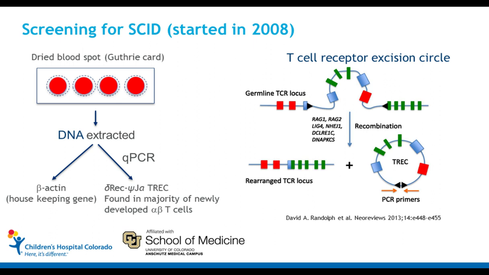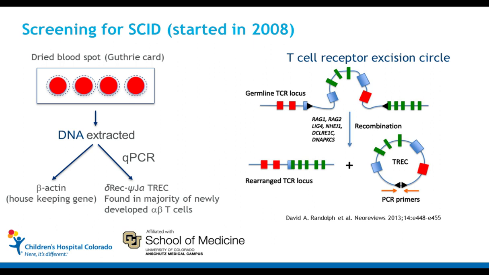It simply is a circular piece of DNA called a T cell receptor excision circle that is present in very high numbers in these T cells that are exiting the thymus. And so shown in this cartoon is the germline T cell receptor locus above. On the left-hand side, you see the rearranged TCR locus containing portions of the VDJ genes.